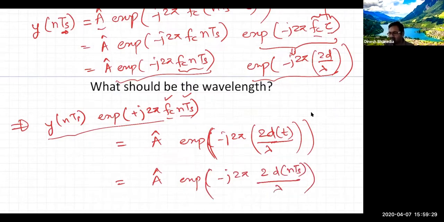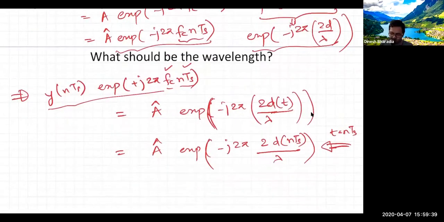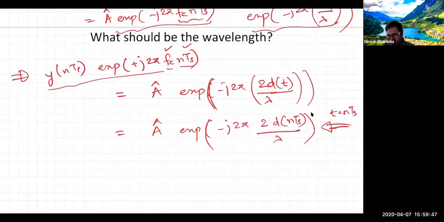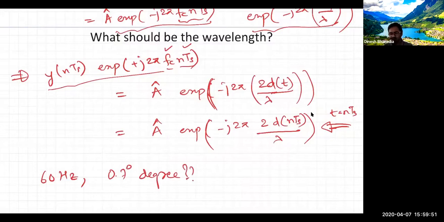I just replace t with nTs. So how do I go to 60 hertz with accuracy of 0.7 degree? Ideas?